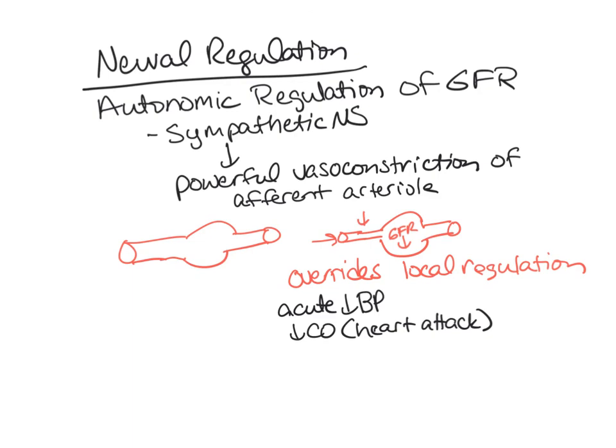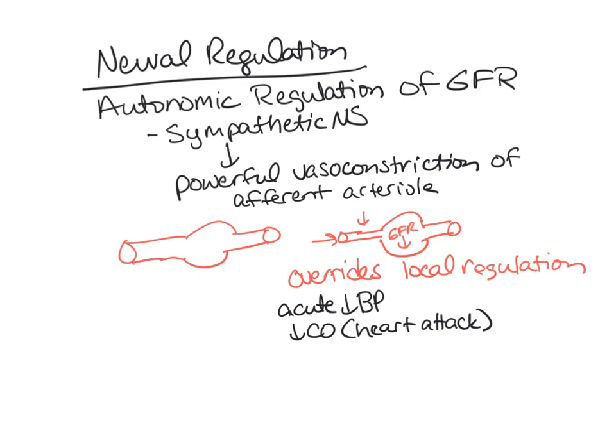It's not so worried about the kidney producing urine at this point. It's more concerned with areas like your brain getting enough blood and oxygen, and the heart getting enough blood and oxygen. And so it's going to override any local regulation to make sure that the blood is being diverted to organs other than the kidney.